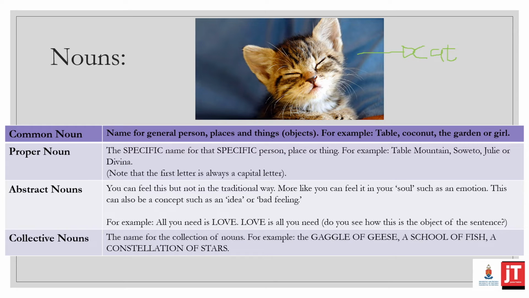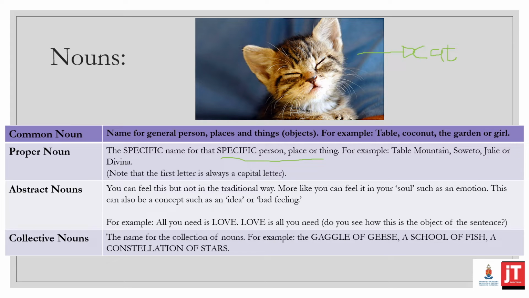Moving on to proper nouns. That's when it's specific. For this specific cat, we name it, and then it's a name, and hence it suddenly becomes a proper noun. Specific person, place, or thing. For example, Table Mountain, Soweto, Julie. Julie is the name of a person. Or Davina is also the name of a person.